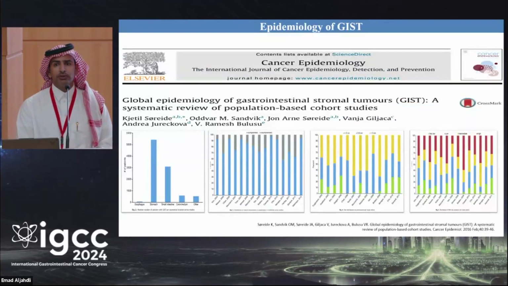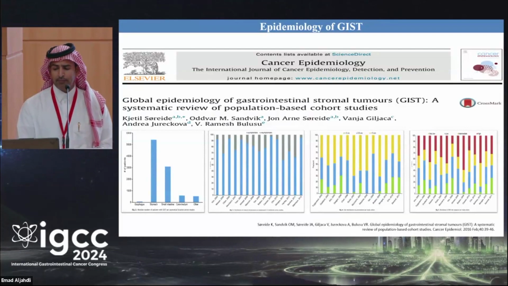The epidemiology of GIST is quite rare, but it's the most common mesenchymal tumor in the GI tract. If you see all the cases of GIST, more than 50% are located in the stomach. I thought most of them were asymptomatic, but most of the cases are symptomatic, and most of the symptoms are non-specific.